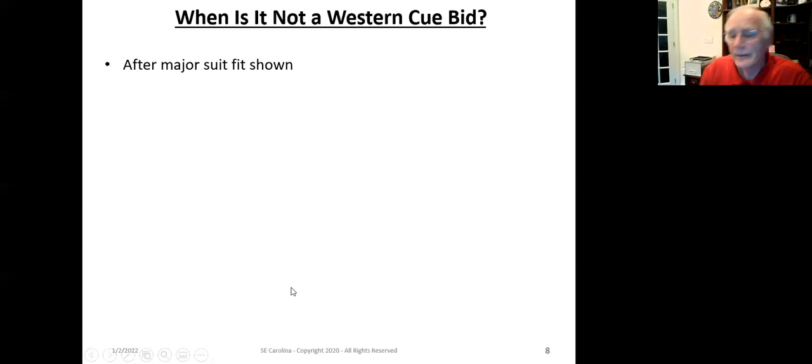Okay, just to be clear, let's look at when a cuebid at the 3 level is not a Western cuebid. There are several situations here, and you need to be aware of them. The first is after a major suit bid.